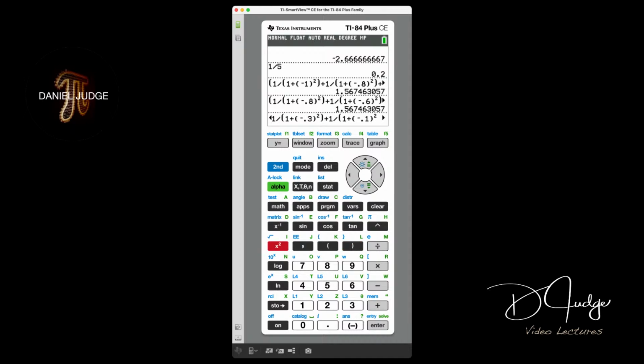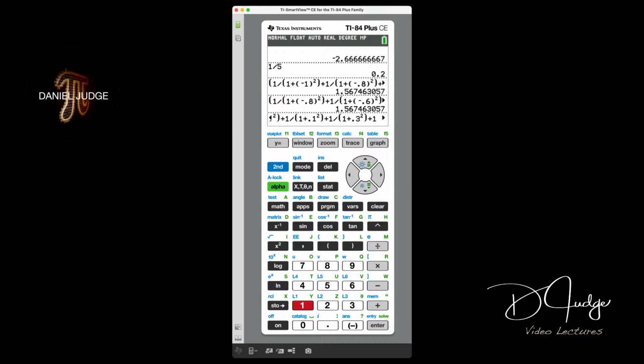And now we square. All right, we look like we're okay. Plus 1 divided by, now it's going to be positive, 1 plus 0.1 squared. Close that. Plus 1 divided by 1 plus 0.3 squared. You close that.